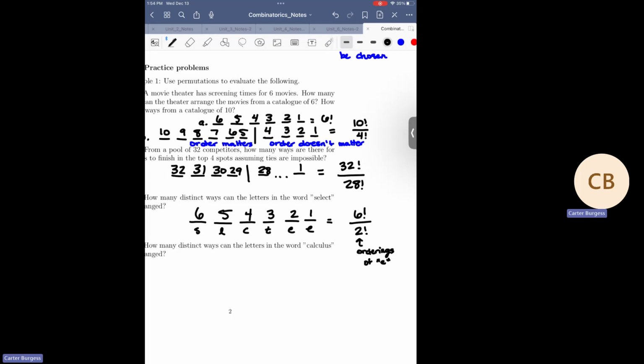How many ways can I take 3 spaces and shuffle them? Well, I have 3 options for what could go in the first position, 2 options for what could go in the middle position, and then 1 option for what could go in the last position. That would be 3 factorial ways to shuffle the various E's. And we're saying, well, really, we don't want those shufflings to add anything new. And so what do we do to get rid of them? We divide them out.